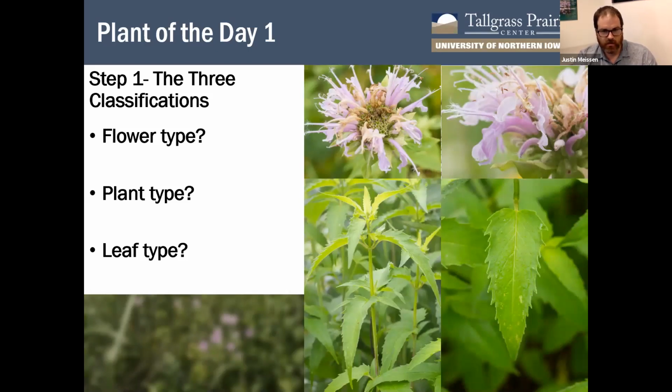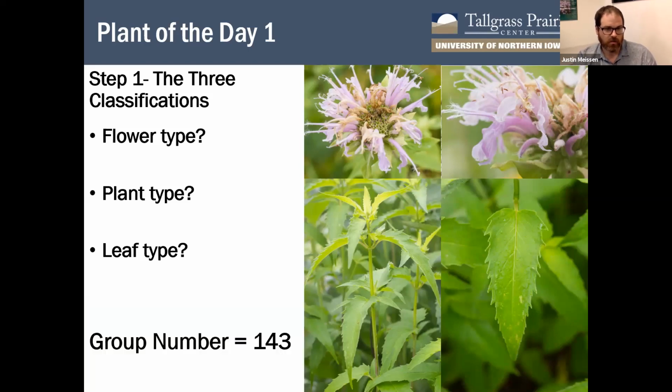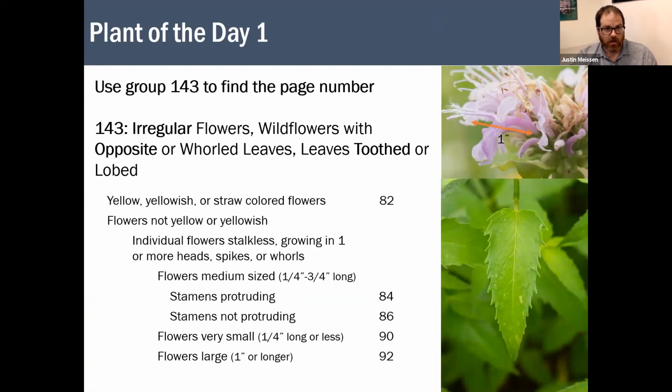Okay, I see toothed. Yeah, those leaves have very prominent teeth. So that gives us a group number of 143. So if we look at 143 to find the page number in Nucums, we will use our dichotomous key.